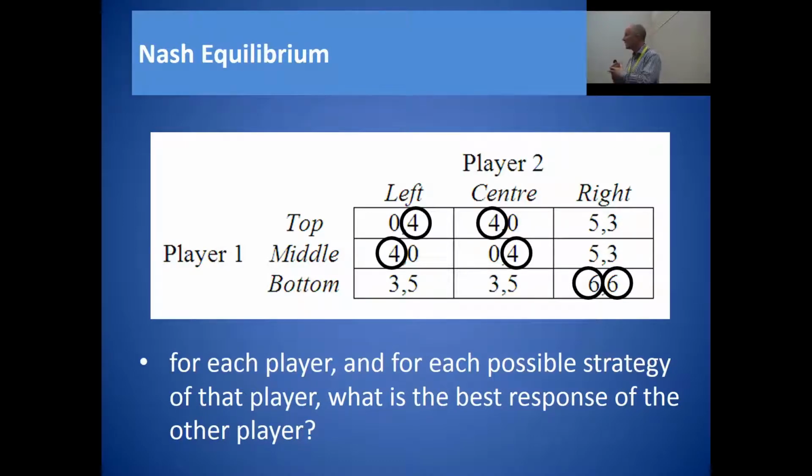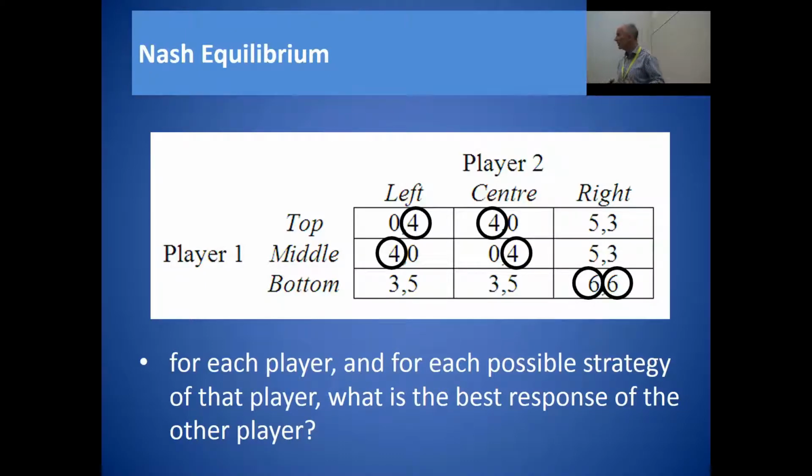And the answer, as you've correctly identified, is no. By choosing bottom, player 1 gets a payoff of 6. Were he to choose either middle or top, he would get a lower payoff, an inferior outcome.